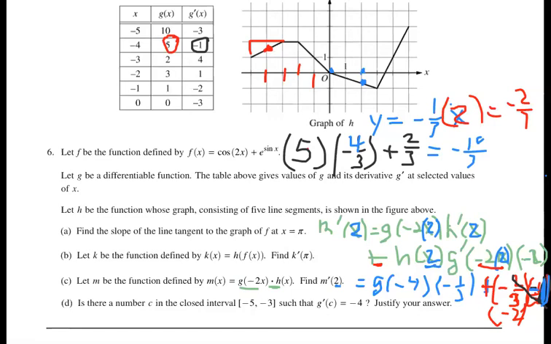G prime of -4 is -1. That was -2/3. For some reason I got a -6 and I'm supposed to have -3. So I'm supposed to divide that by -2 somewhere.